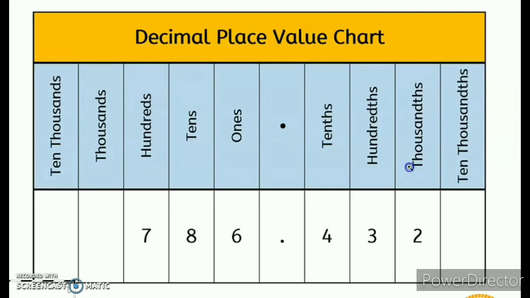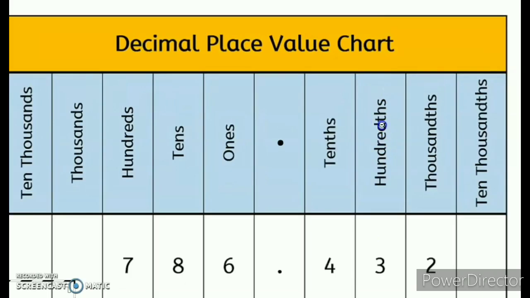Then the second place after the decimal point is called the hundredths place, and we get this place by dividing the number by 100.